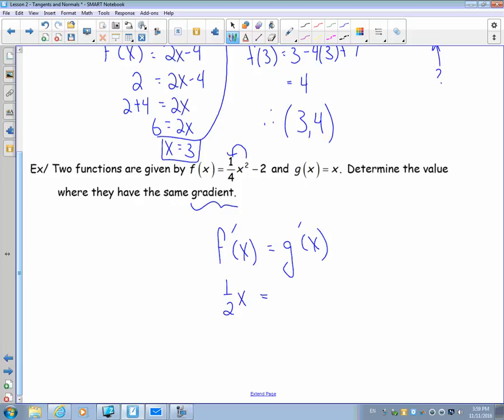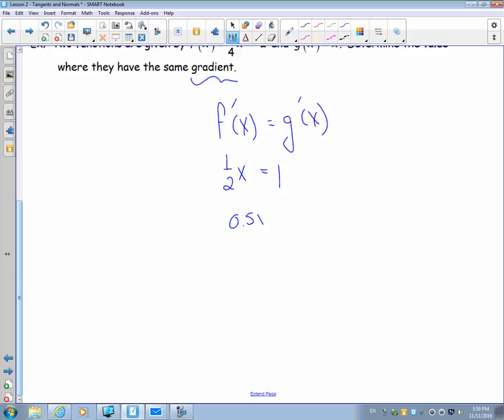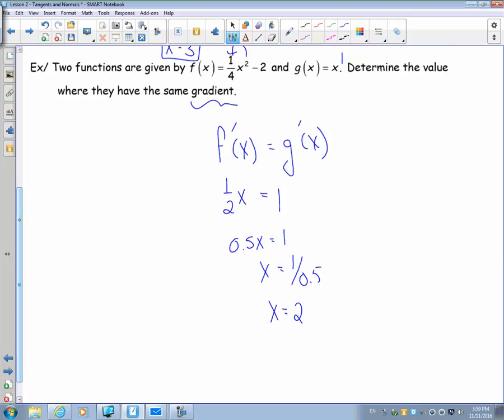It's a constant, right? Derivative of x is just 1. Well, that's a nice equation to solve. 0.5x equals 1, or x equals 1 over 0.5, x equals 2. They're going to have the same gradient when x is 2. If I want to figure out the y that goes along with that, I can use either one of my functions to figure out the y that goes along with that.